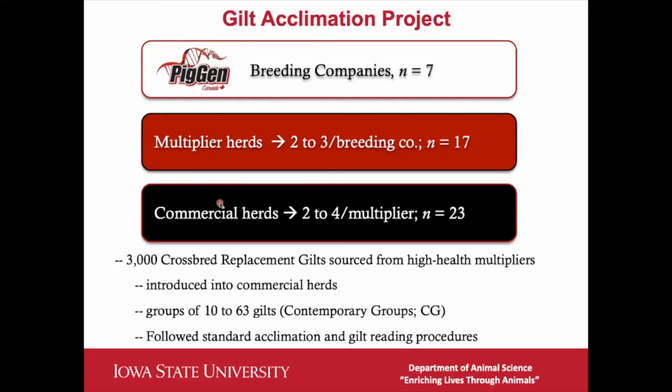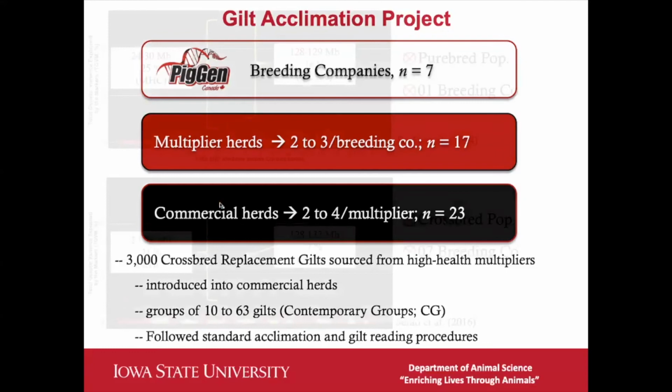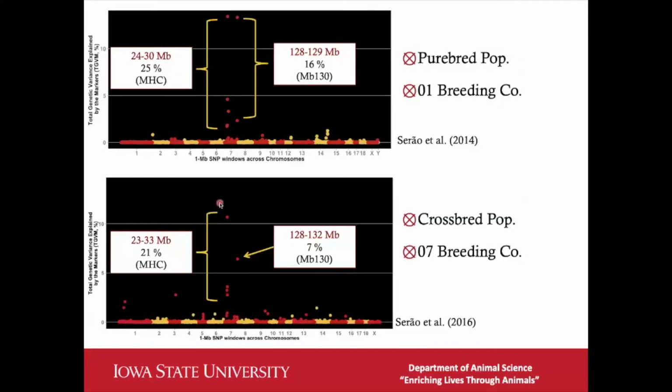That study was actually part of this bigger study called the Gilt Acclimation Project, in which about 3,000 crossbred replacement gilts from 7 breeding companies were sent to 23 different farms. So a very large project with lots of genetic and environmental diversity. And we measured SP ratio to PRRS on these gilts, and this is the result that we got.